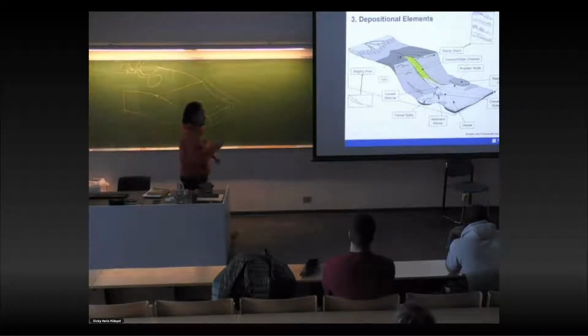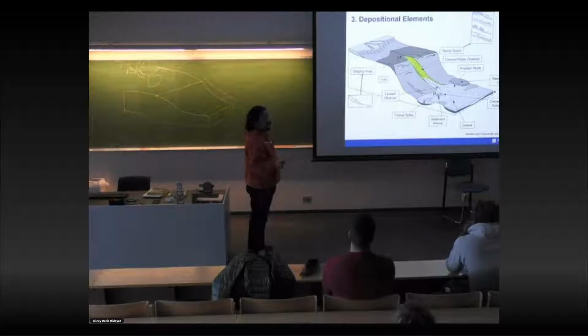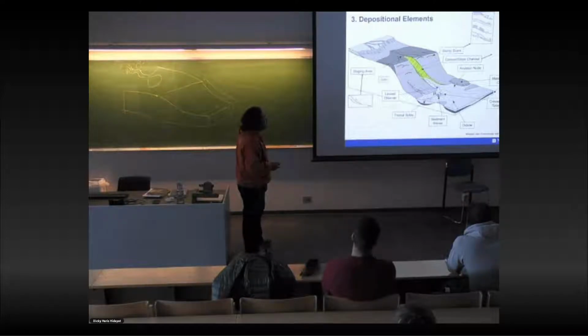And as we discussed before, at the shelf edge here, if we have a slope failure, then usually we have rock fall, slide, or slump. So these processes are mostly located in this area here. And then in this canyon or channel, we have this debris flow.